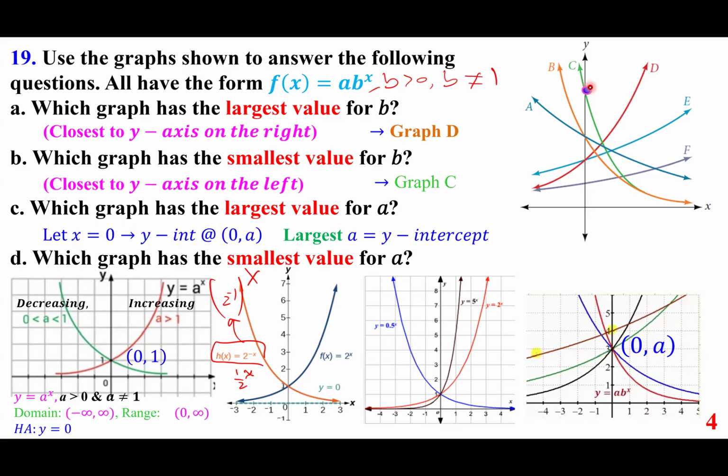So it belongs to graph C. The smallest one, this one has the smallest one, right? Graph of this one, graph F, my apologies.